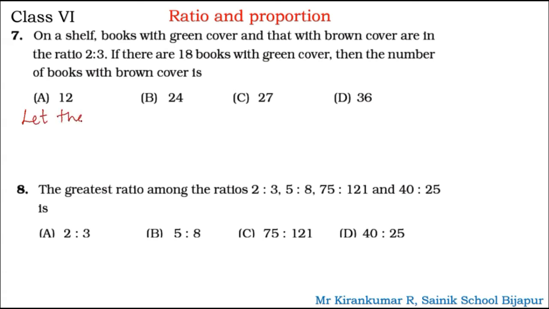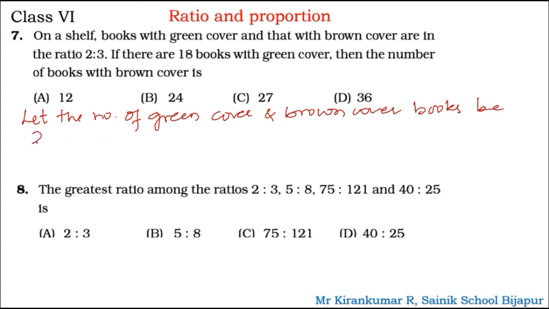Let the number of green covers and brown covers be 2x and 3x respectively. And they have given the total number of green covers as 18.